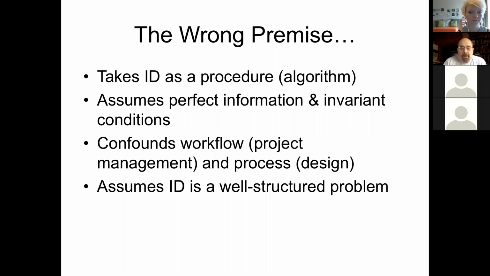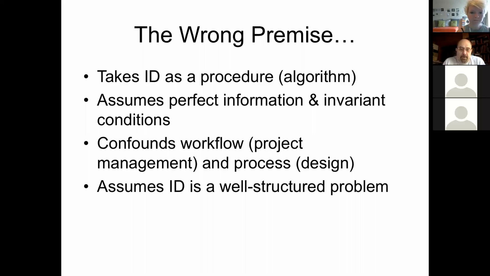First of all, one criticism is that it takes instructional design as an algorithmic procedure. This criticism comes from the early models developed in the 1970s and 80s by the military and subsequently by some large corporations such as the Bell System and Arthur Andersen.